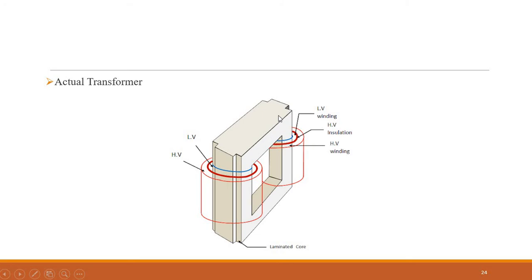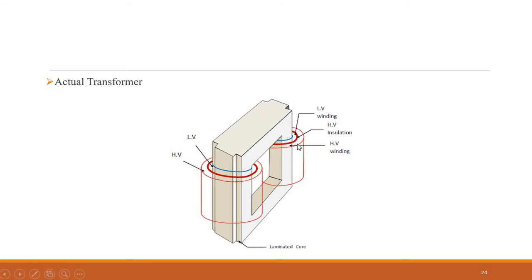Now this is the core. Near to this core, the LV winding is wound. Then there is insulation, and then there is the HV winding. So the LV winding is nearer to the core. Then there is the HV insulation, and then the HV winding is wound at the outer part. The reason behind it is that the LV winding requires less insulation.